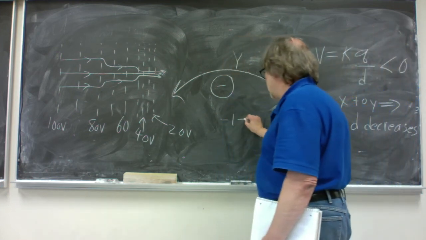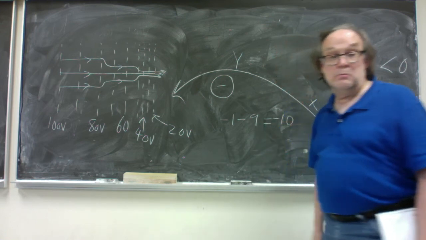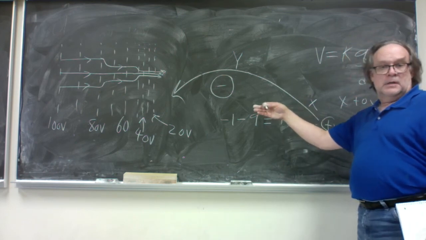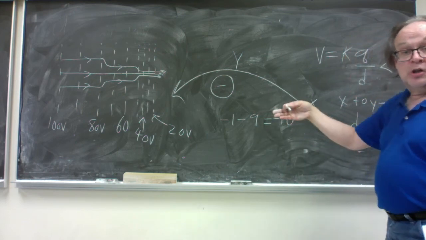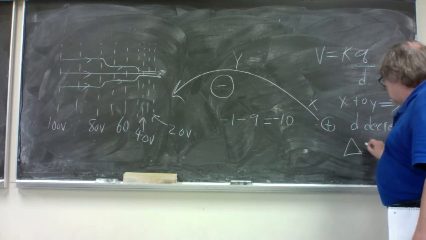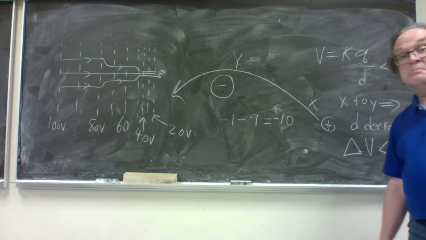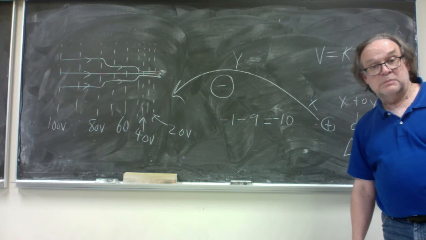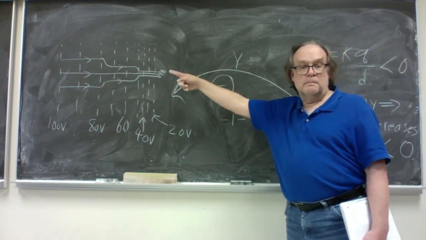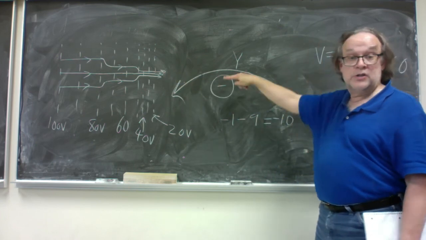Right? Negative 1 and then subtract 9 gives you the even more negative number. So the potential is decreasing, or the change in potential is negative. The potential is getting more and more negative as you get closer to this charge, or as this positive charge moves from x to y.